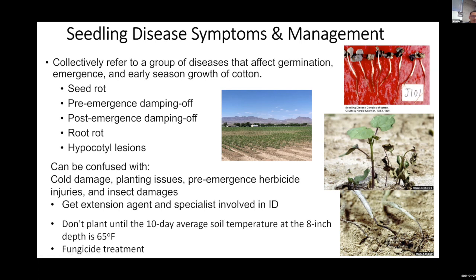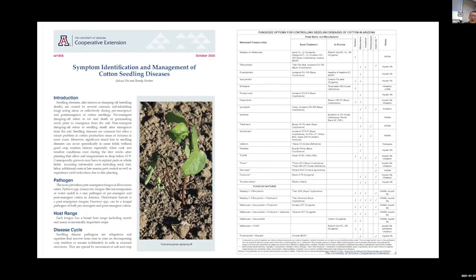There are some fungicide treatments available, and most of the commercial seed, I believe, comes with some base fungicide treatment. In some particular cases, if you have severe seedling diseases, you can even apply additional fungicide treatment.